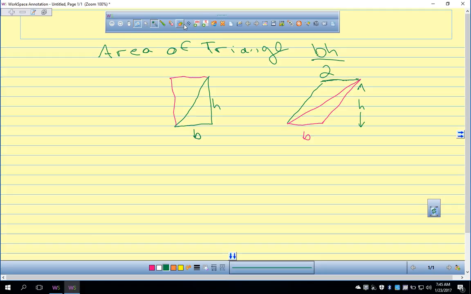What if I had something that looks like this? Because people think area of a triangle, that's so simple. But sometimes they like to throw curves at you.